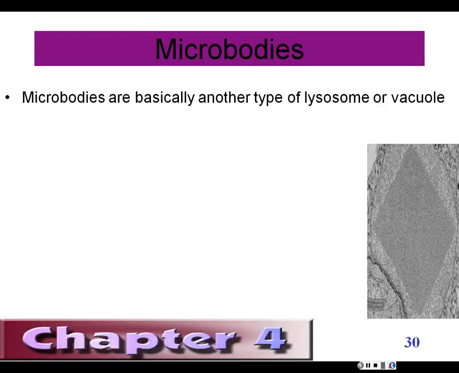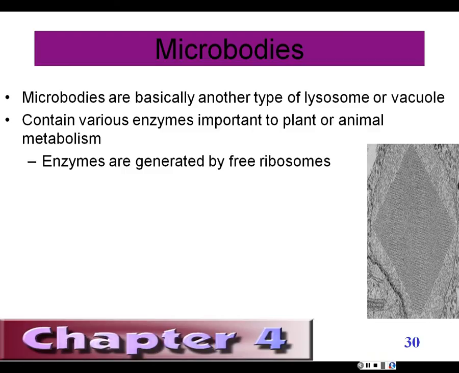Originally from the endoplasmic reticulum, absolutely. Well, the enzymes that are used in microbodies are basically coming from free ribosomes. So, in other words, these ribosomes were never associated with the endoplasmic reticulum.